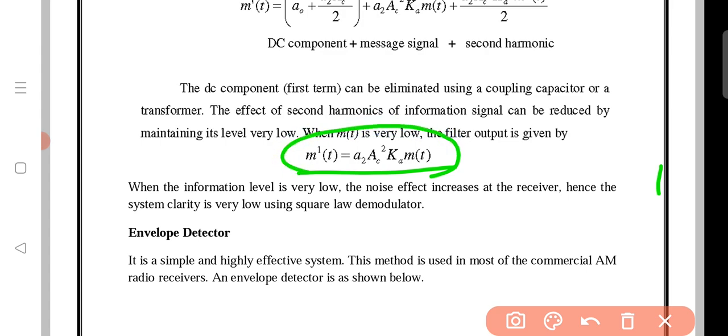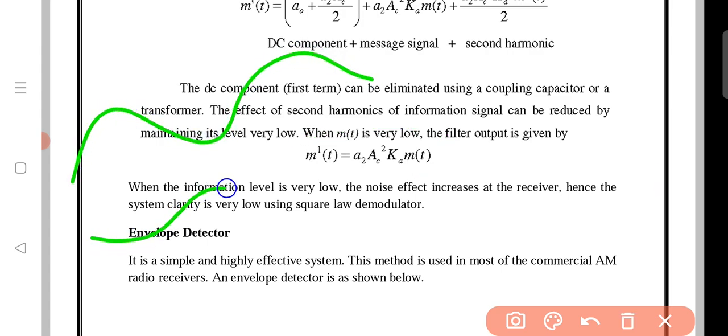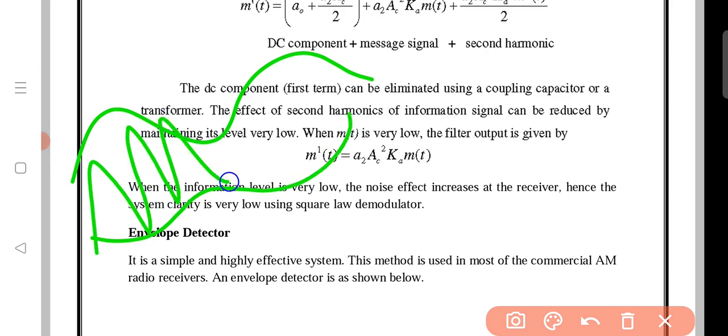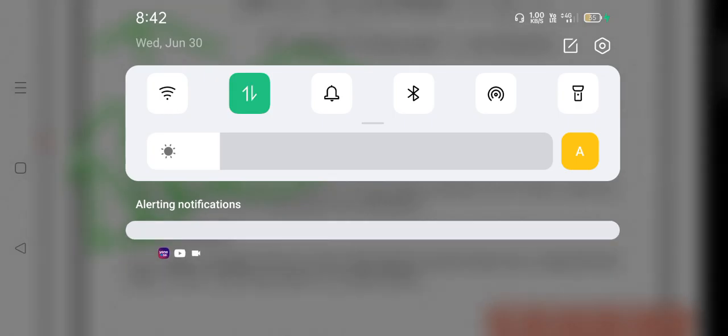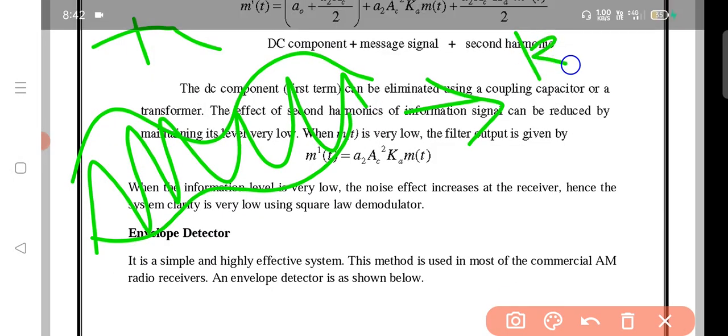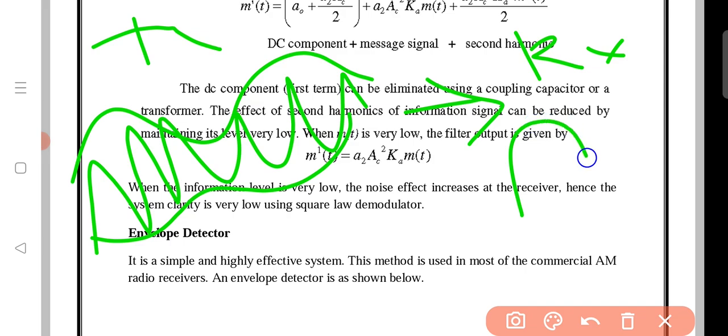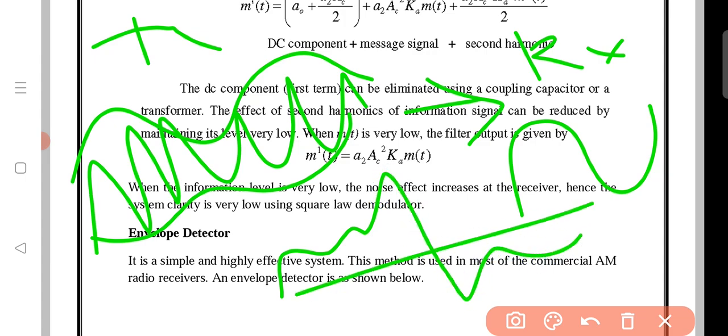In this way the square law demodulator, or square law detector, detects our original signal. This is the amplitude modulated signal at the transmitter side. At the receiver side, you get a somewhat distorted signal that is smoothed by the smoothing filter. There is no need to bother about that.